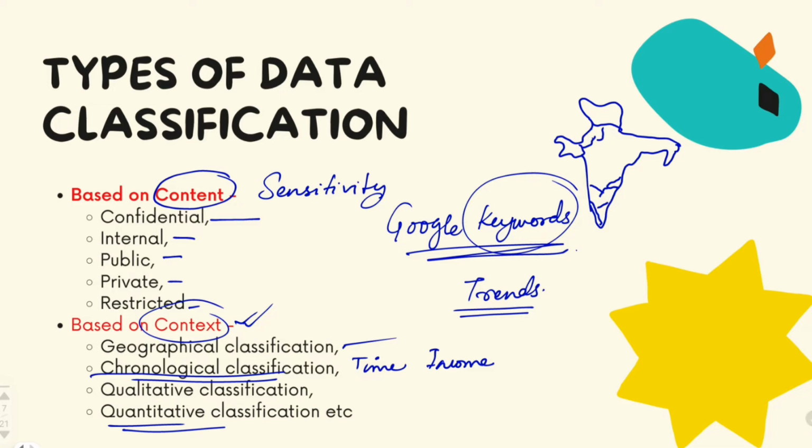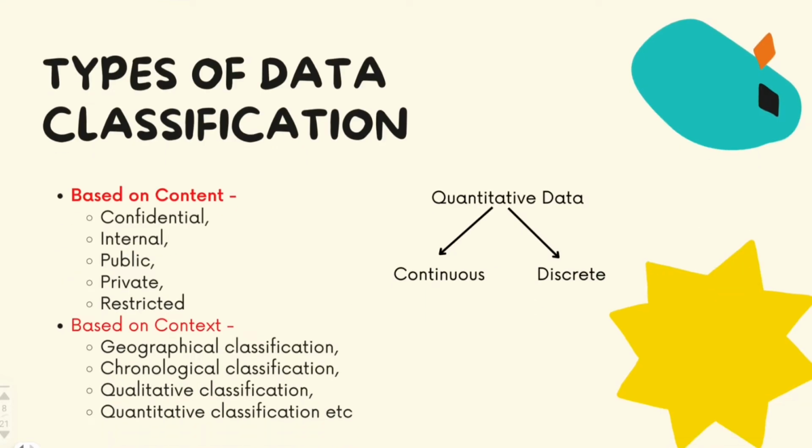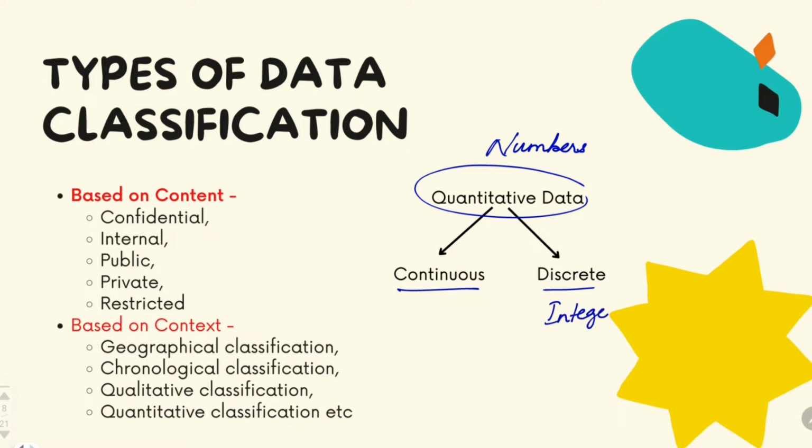Okay, so quantitative data, since it deals with numbers, we can classify it again into two, that is continuous and discrete. Discrete is integers, but it's not continuous as is. Discrete data will be discrete values, like maybe 1, 5, 10, like that.